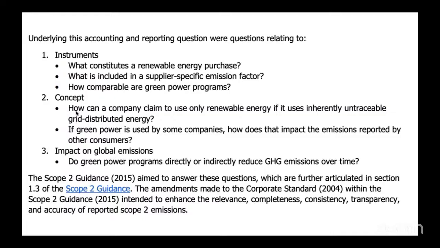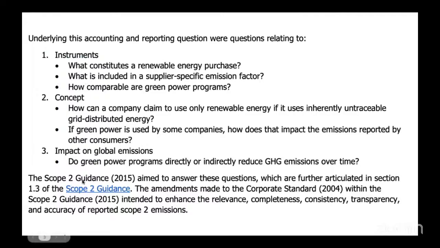Second, concept: how can a company claim to use only renewable energy if it uses inherently untraceable grid-distributed energy? If green power is used by some companies, how does that impact the emissions reported by other consumers? Impact on global emissions: do green power programs directly or indirectly reduce GHG emissions over time?